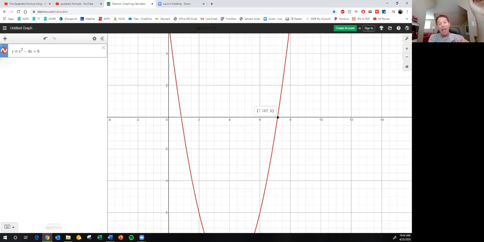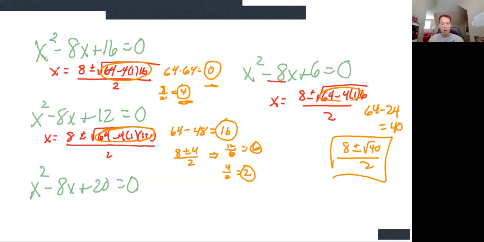That is 8 plus the square root of 40 all over 2. And this one, can you guess what this is? It's 8 minus the square root of 40 all over 2. So if you have a number under this radical that isn't a perfect square, you're still going to get 2 answers here, but they're not going to be pretty answers. They're going to be kind of messy answers.